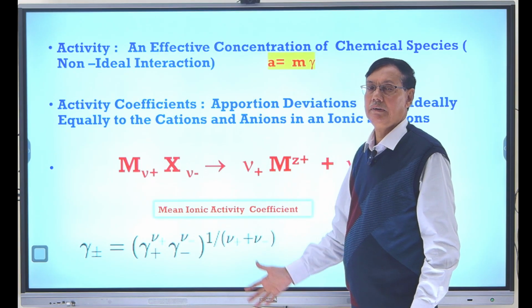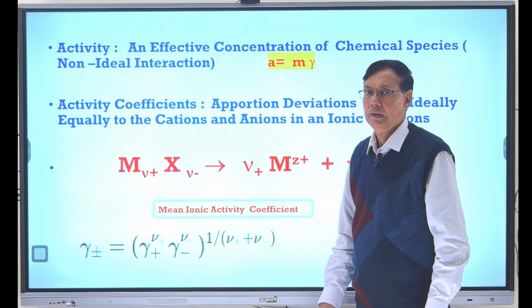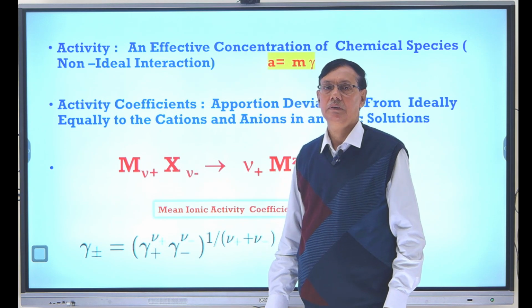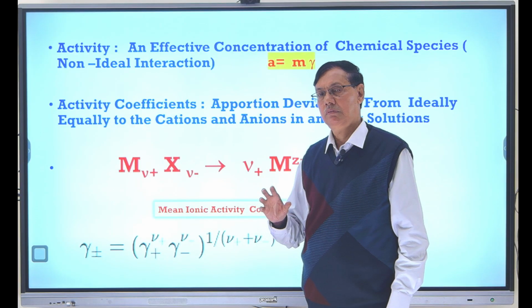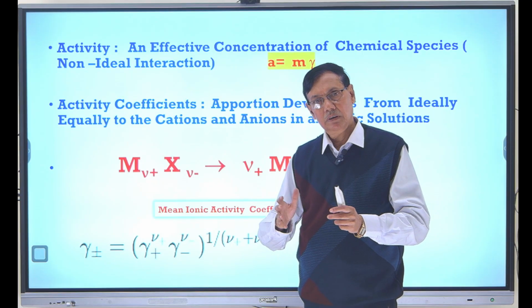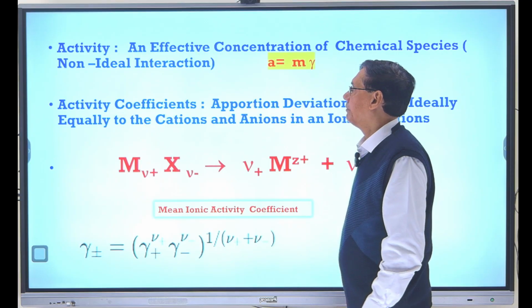I'll explain how. So if I take one electrolyte, mu plus and mu minus mean the number of cations and anions after ionization. Of course, the valency is different.